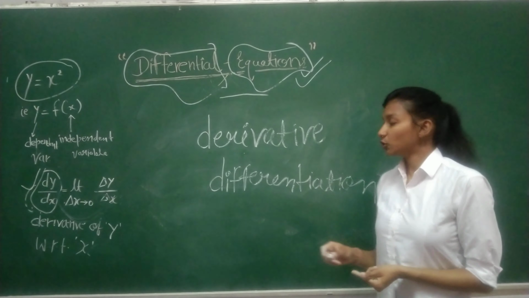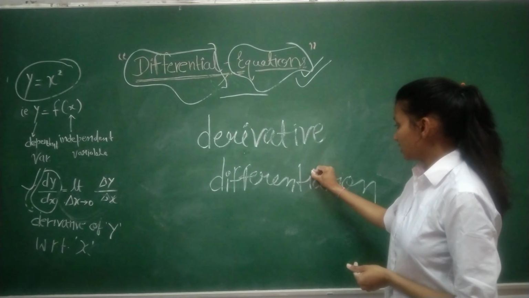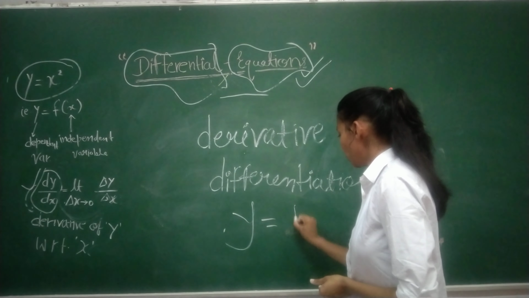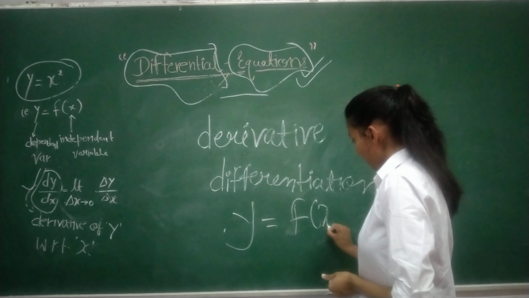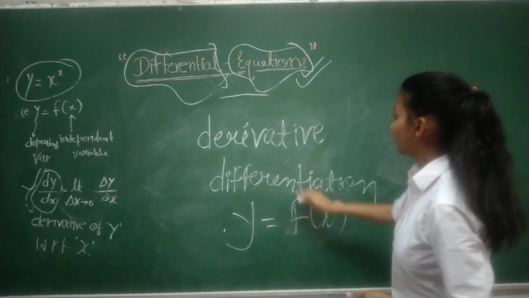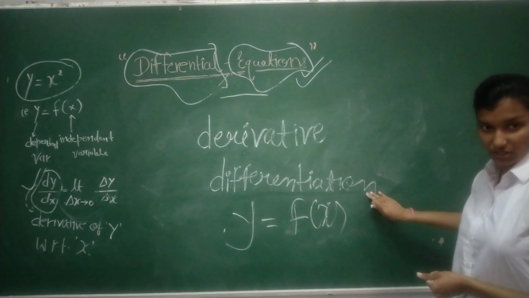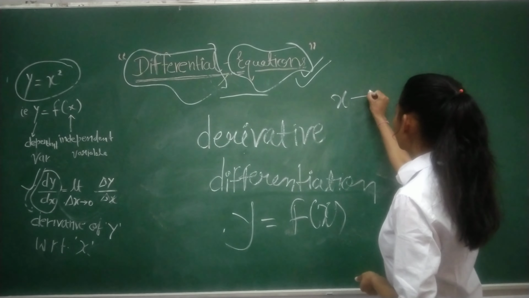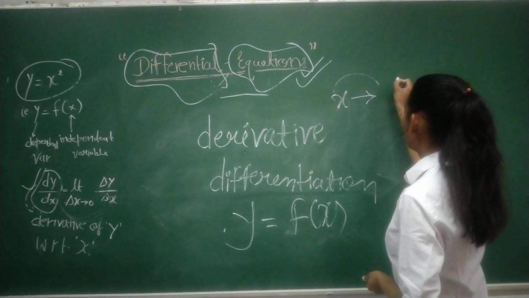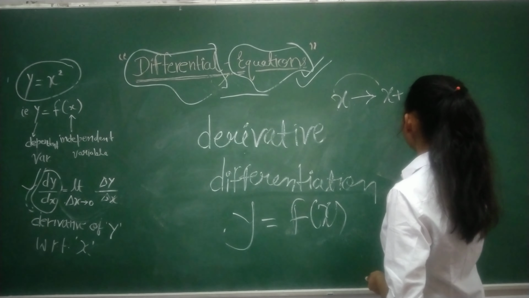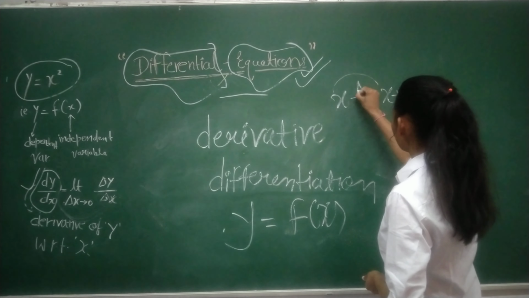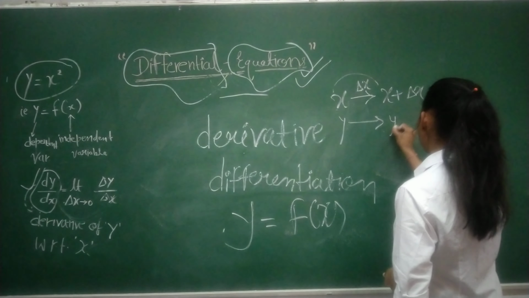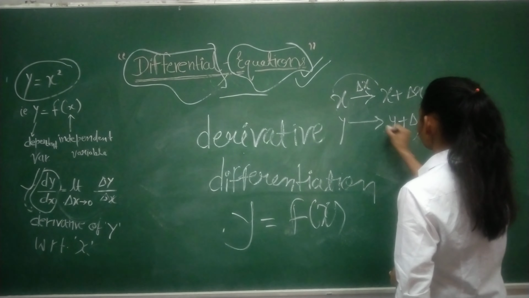Whenever we want to analyze changes in the dependent variable with respect to the independent variable, we follow the process of differentiation, where let us suppose we increase x by delta x, and by this y is incremented as y plus delta y.